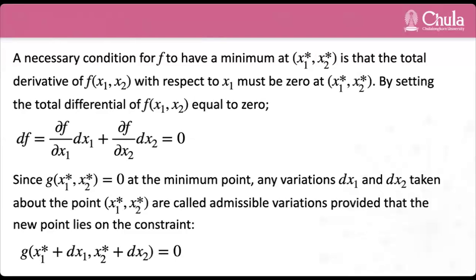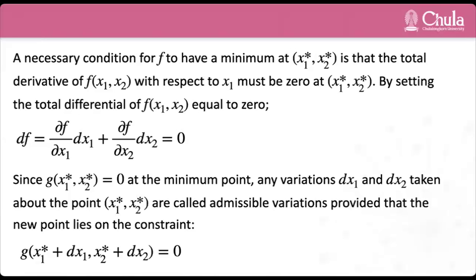You know that at the extreme point, a necessary condition for f to have a minimum at x star is that the derivative at that point must be 0. Previously we did that. The Jacobian is 0.